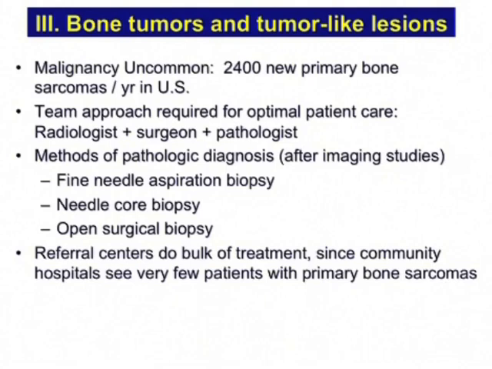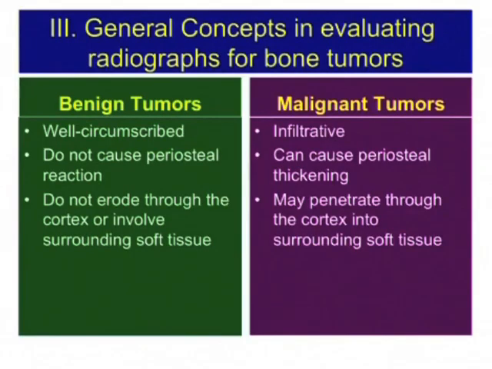So this is not a very common thing for bone and soft tissue sarcomas to happen, and you need expert radiologists, orthopedic surgeons who specialize in sarcomas, and radiation oncologists. So it's a big deal. If you get a patient with a weird sarcoma, you really should refer them out to a place that sees a lot of them.